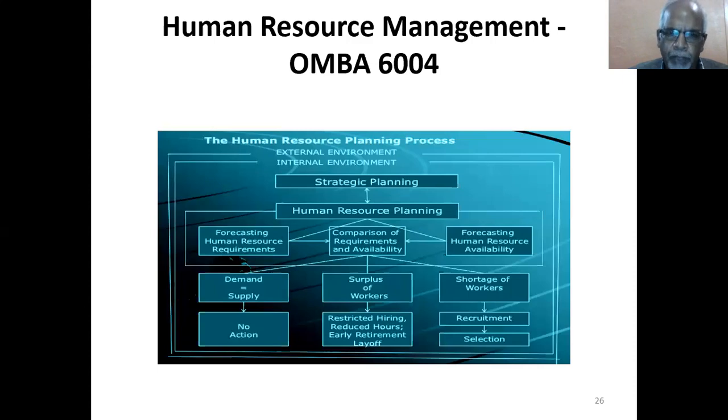And once this stage is engaged, then the human resource planning team will have to move on to the third stage.